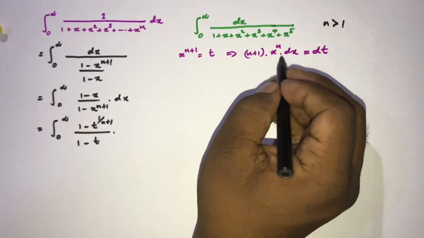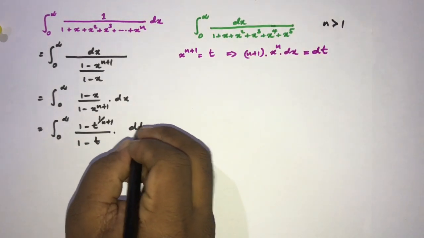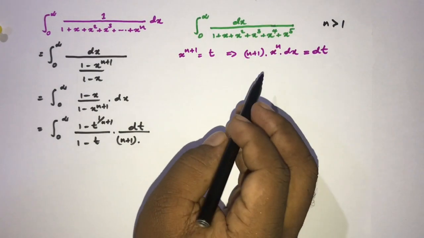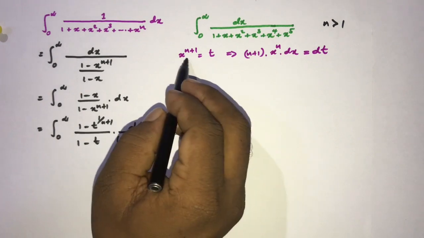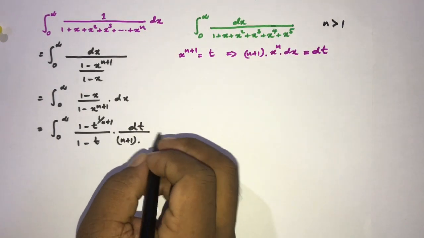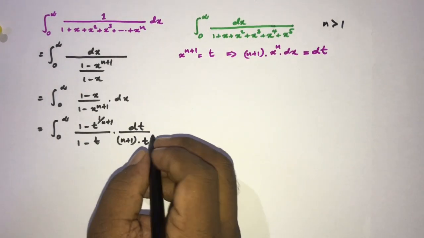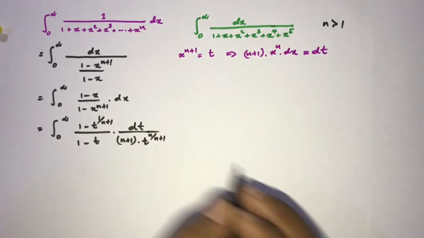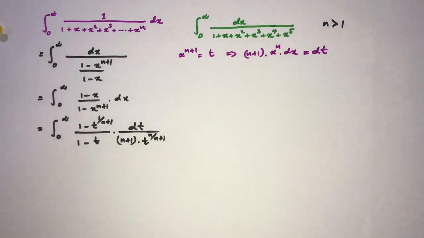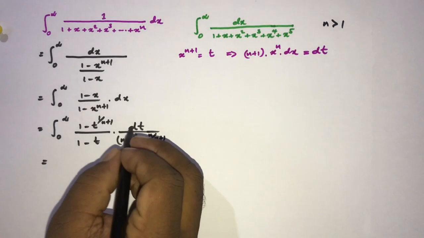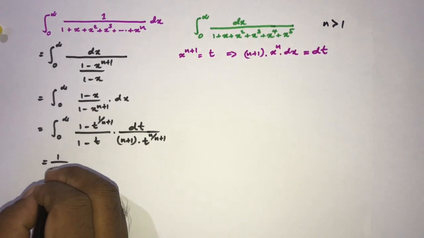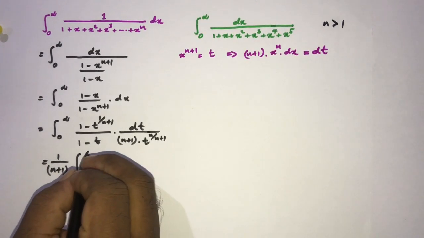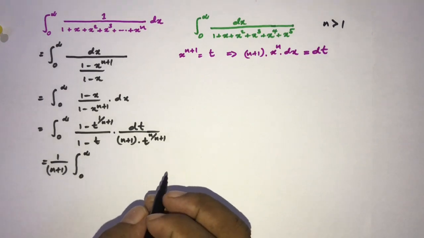Now we can isolate dx: dx is dt over n plus 1 times x to the n, and since x is t raised to the 1 over n plus 1, x to the n is t raised to the n over n plus 1. Here 1 over n plus 1 is a constant, so we can write it outside of the integral sign.